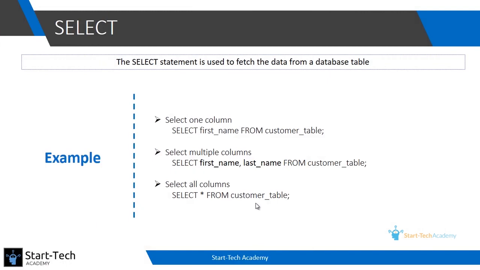So to retrieve only one column, for example, say if you want just the first name of all the customers that you have in your customer table, this is the query you will write. Select first name from customer table. Customer table is the table name. Let us go to PG Admin and run this command.